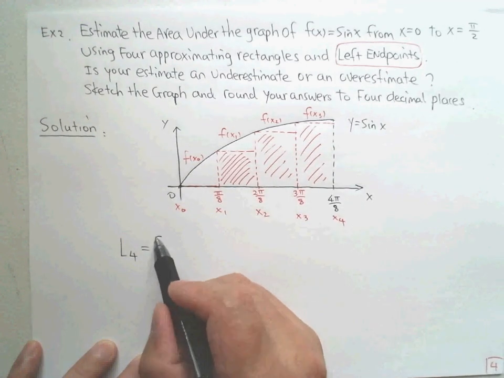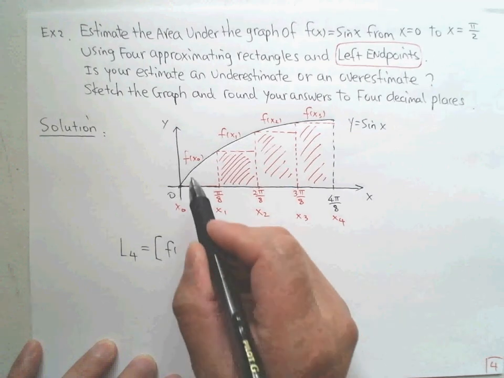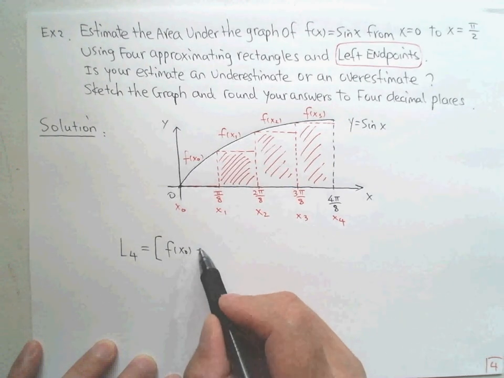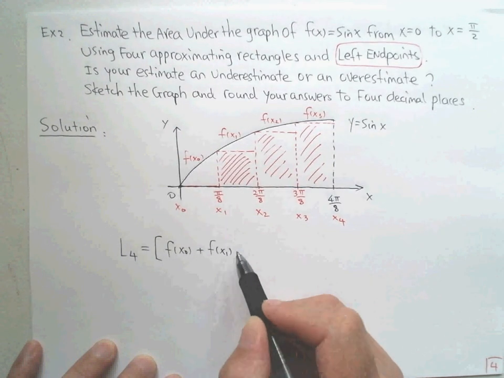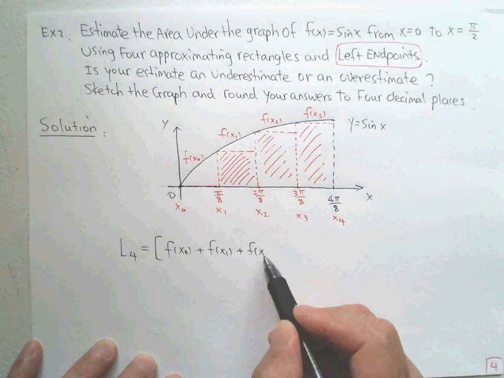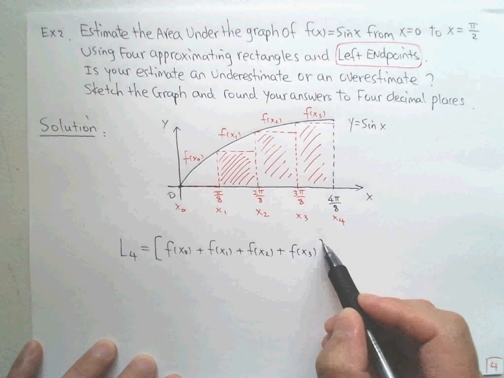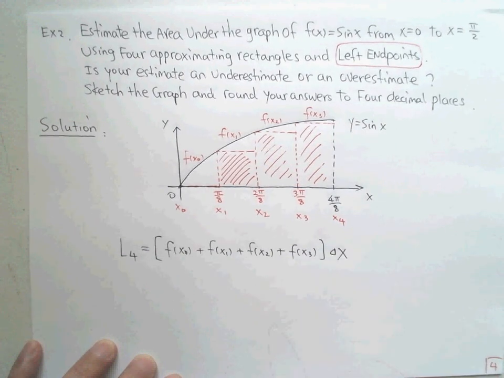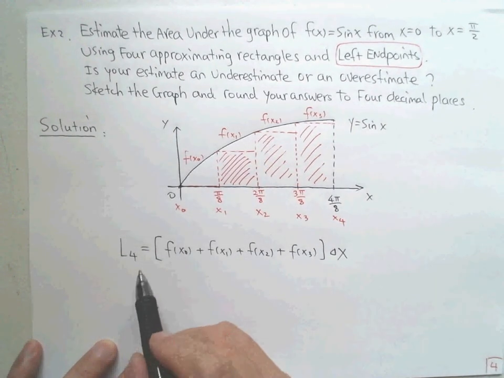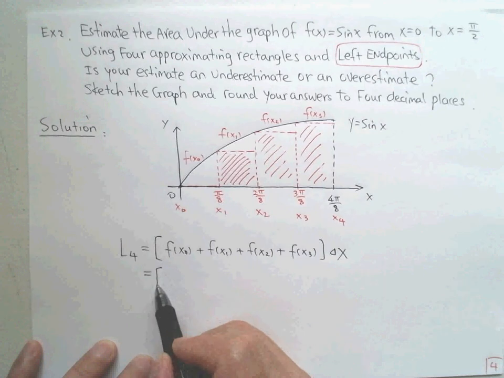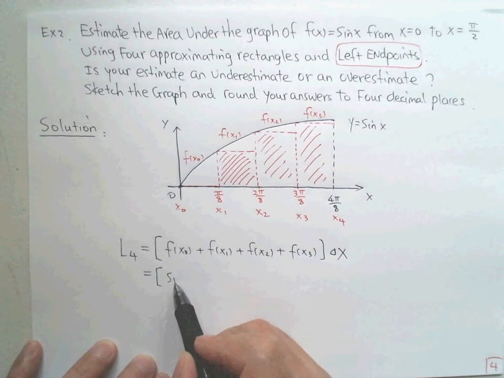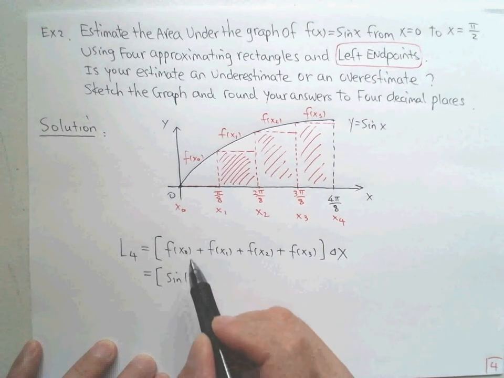Remember the formula is f at x0 plus f at x1 plus f at x2 plus f at x3, times delta x. Plug everything into the formula. So the first is sine at 0.